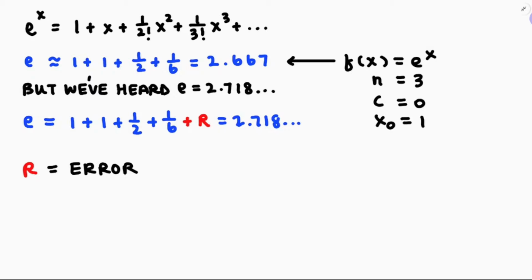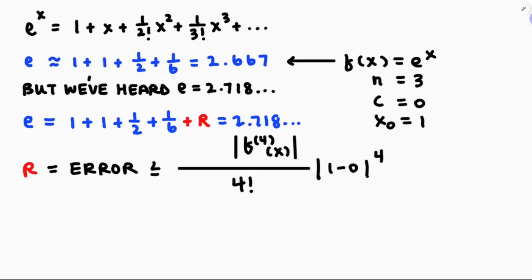And we know that the absolute value of R, the error, is less than or equal to something over the next factorial and the next power. The next power is of the difference between the approximation point and the centering point. And then in the numerator of that fraction, we're going to have the next derivative's absolute value, and we're going to want to take the maximum of that over the interval 0 to 1.